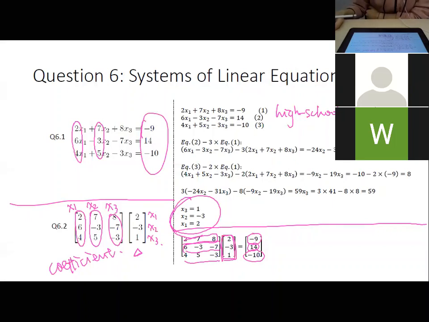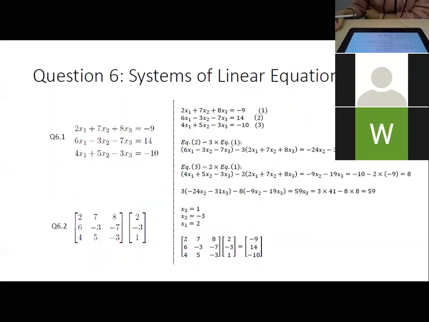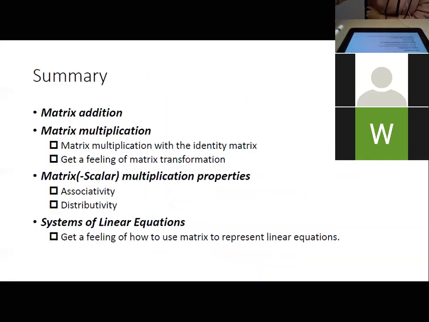These are the 6 questions for tutorial 1. On the final page, we have a brief summary. Today we have talked about 4 points. The first point is matrix addition, which has 3 key points.